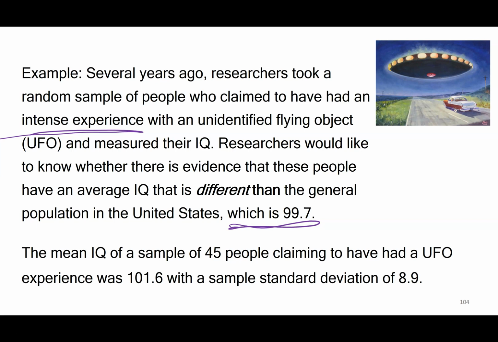IQ is one of those things you really don't have to write the units, but if you do, they're points. So when they took that sample, they took a sample of 45 people. The average IQ of those 45 people was 101.6 and a sample standard deviation of 8.9. We don't have a population standard deviation, so T-methods it is.